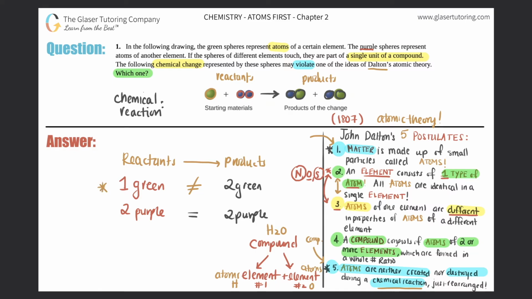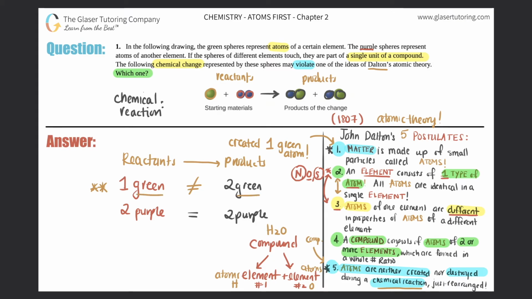Something happened here, right? Now, remember, which postulate says that you cannot create nor destroy anything? It looks like here you created 1 green atom of an element, because 1 green atom turned into 2 green atoms.